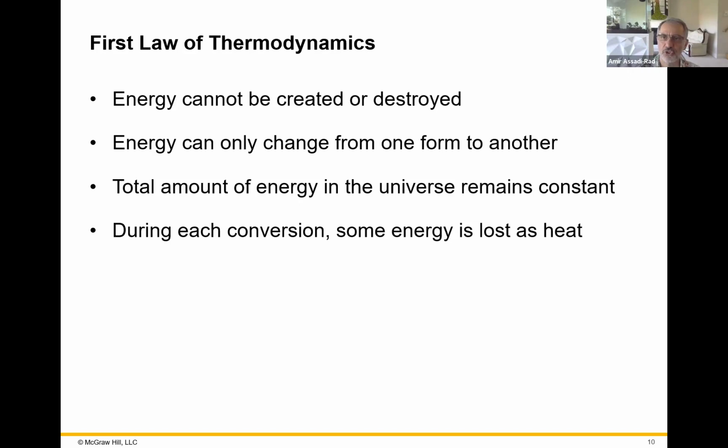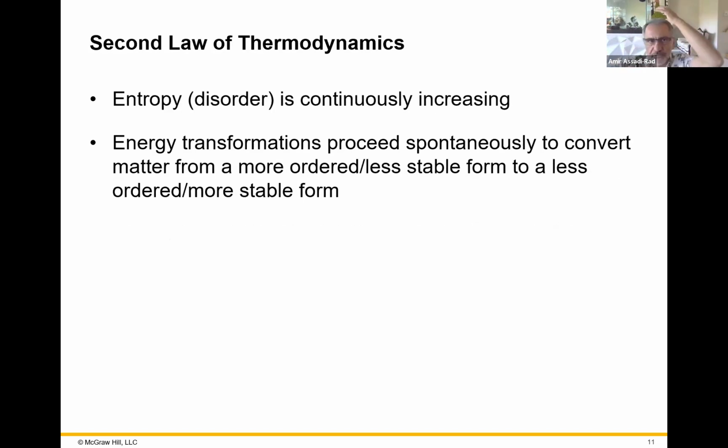That is heat. You're converting one form of energy to another form. Some energy is lost. That energy that is lost usually comes out as heat. I gave you the example of the car. The second law of thermodynamics says entropy, disorder, occurs.